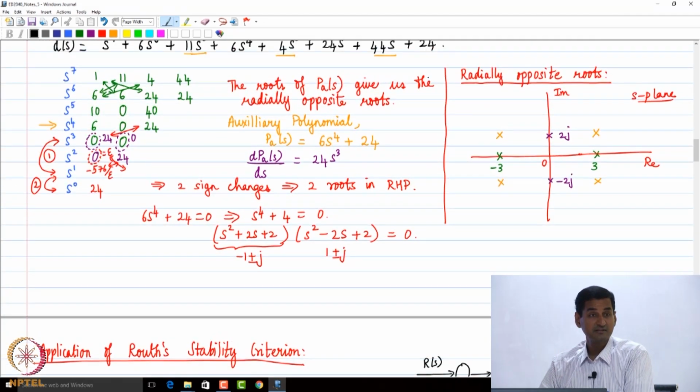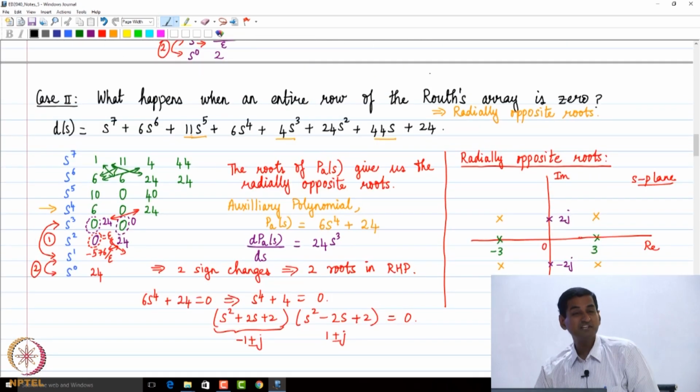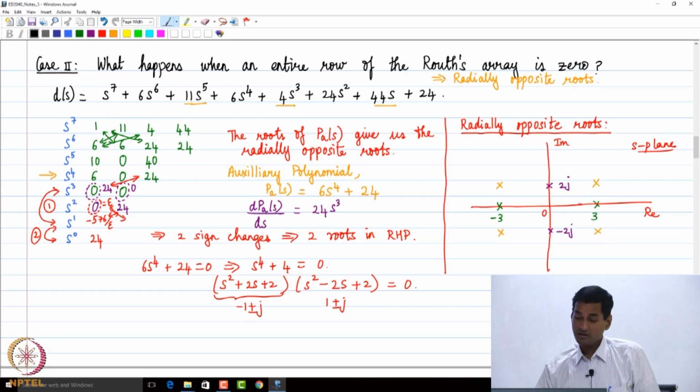Yes, exactly, that's only for the auxiliary polynomial. 2 roots for the sign changes. So 2 out of the 4 roots are going to be in the right half plane; that's why you have 2 sign changes.